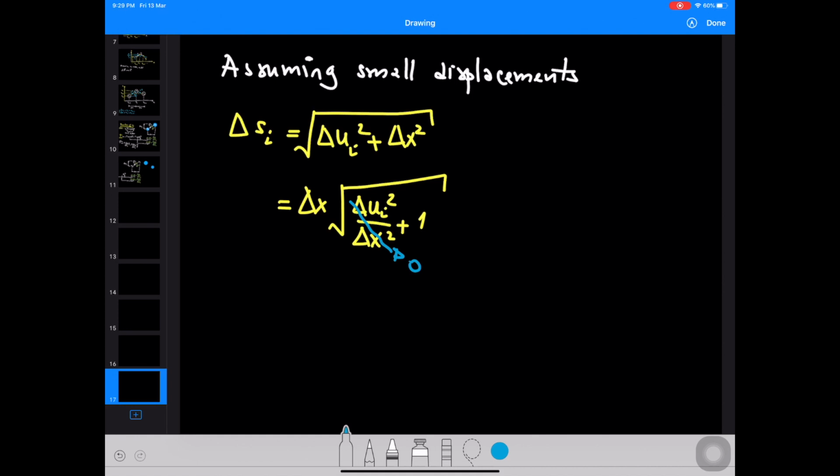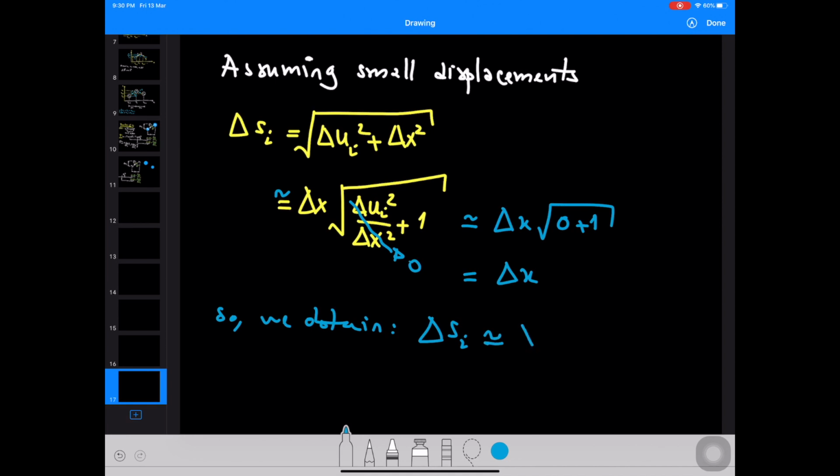So we will end up with delta x times the square root of 0 plus 1, which is delta x. So what we get is delta s_i is approximately delta x.